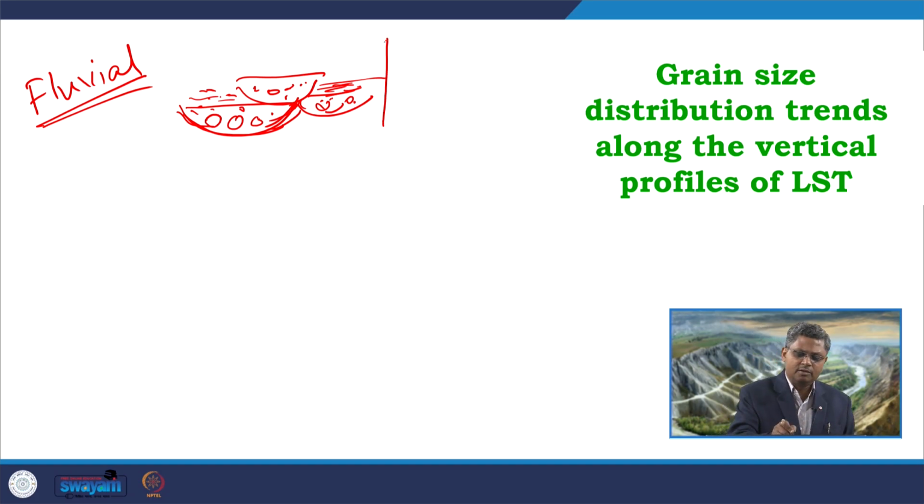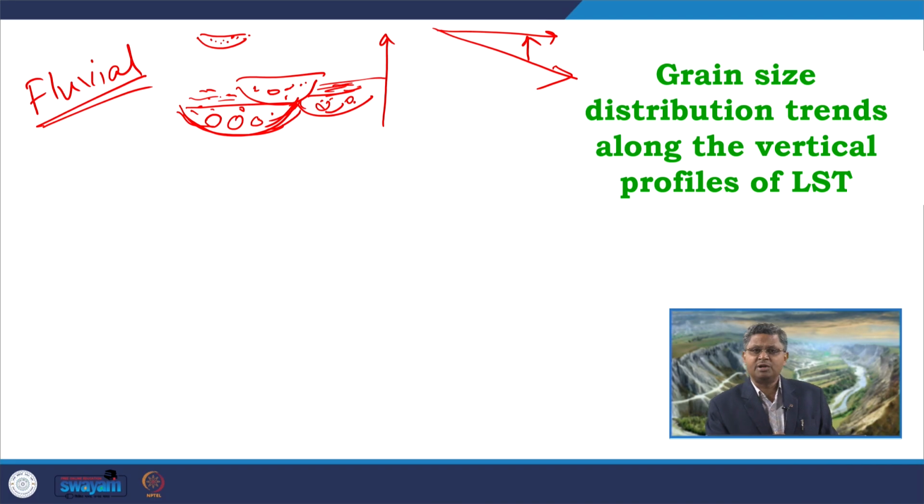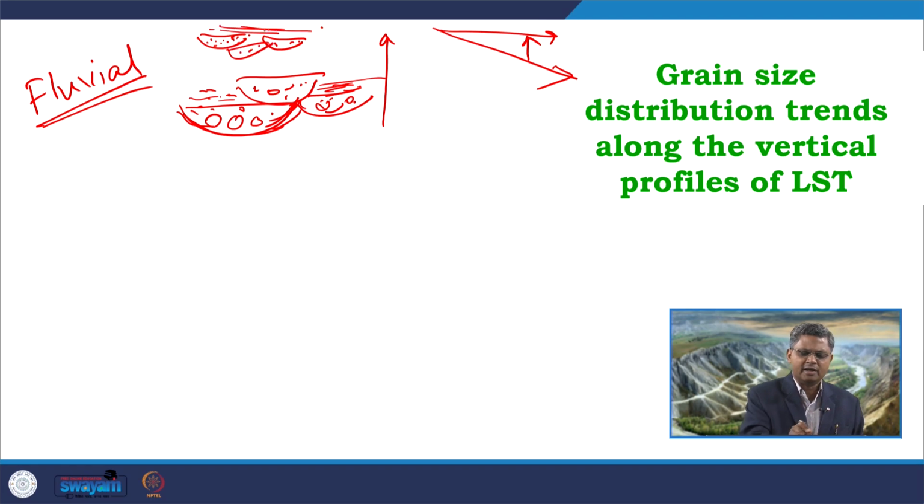As we go up towards the late phase of the LST, we again get amalgamated channels, but definitely the grain size will be less as the gradient of the river profile is decreasing. Initially the gradient was something like this, and it is decreasing, leading to a decrease in energy of the river system, and that will lead to deposition of finer grain sediments within the amalgamated channel fills, which will be separated by relatively thicker overbank deposits.